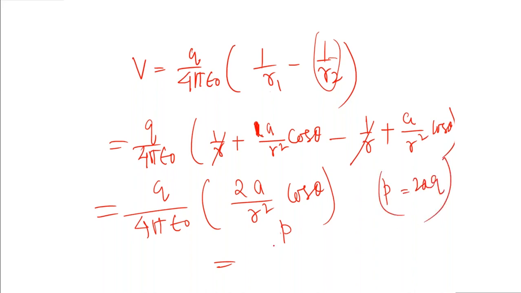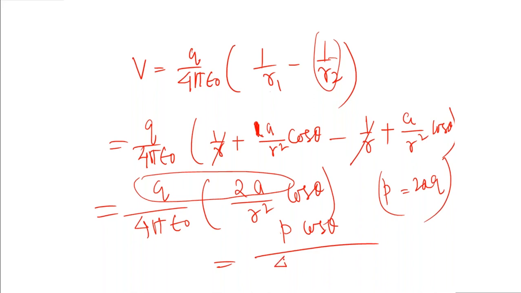So you can see, this is the potential due to this dipole. Let me clean everything. The potential you get is p cos theta divided by 4 pi epsilon naught r square, where r is this distance.